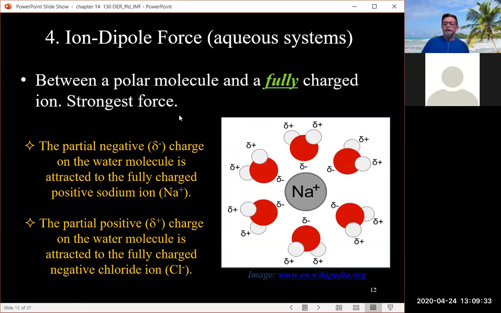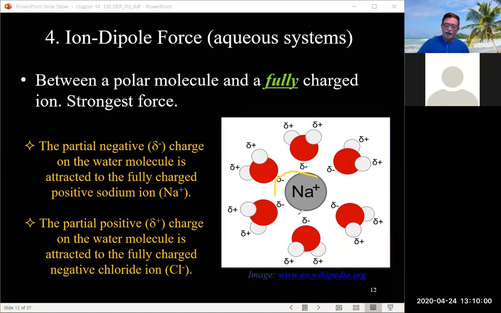Now, with respect to the last one, it's called the ion dipole force. Okay, as I mentioned earlier, you need some type of ionic compound and aqueous system. So that's what we're going to be talking about for Chem 130, simply aqueous systems. You can see here from the diagram how that sodium ion is basically surrounded by water molecules.